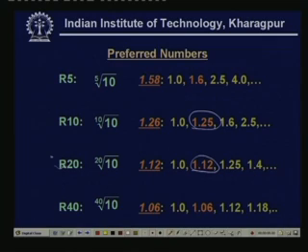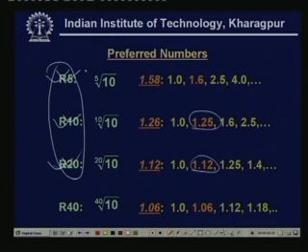As I told, if the product is made, I can give you some examples. For example, these R5, R10 and R20 series are very common for the speed layout in machine tools. You know, machine tools run at different speeds. So, these are the speeds which can be as per the series R5, R10 or R20, but most common is this one.